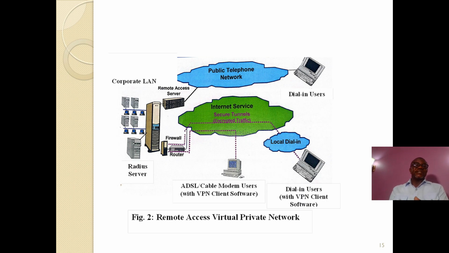That remote access server passes the information through a firewall server that helps to authenticate who the remote access user is before allowing it to get to the corporate local area network.